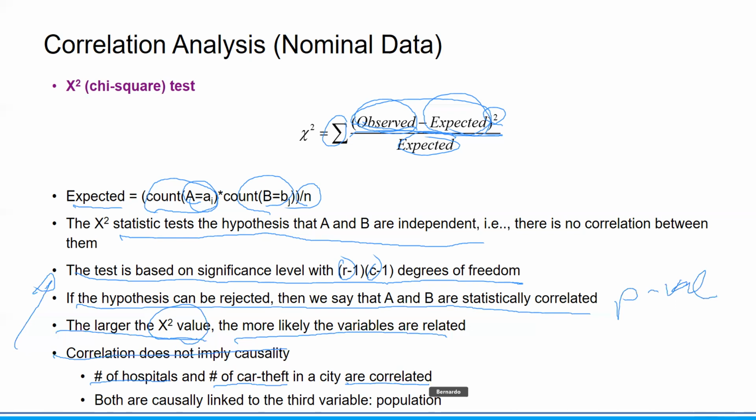But actually the causality is based on a third variable, which is the population. Because of the higher population, the number of hospitals will be higher, and the car theft also high. So there is a causality, but we cannot see this immediately with this kind of correlation.